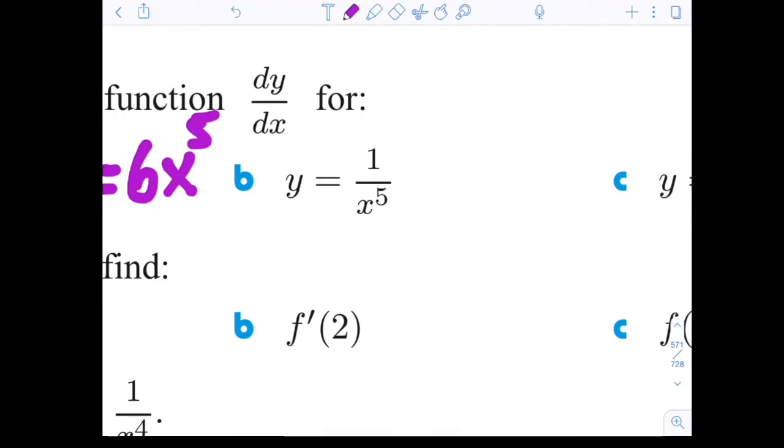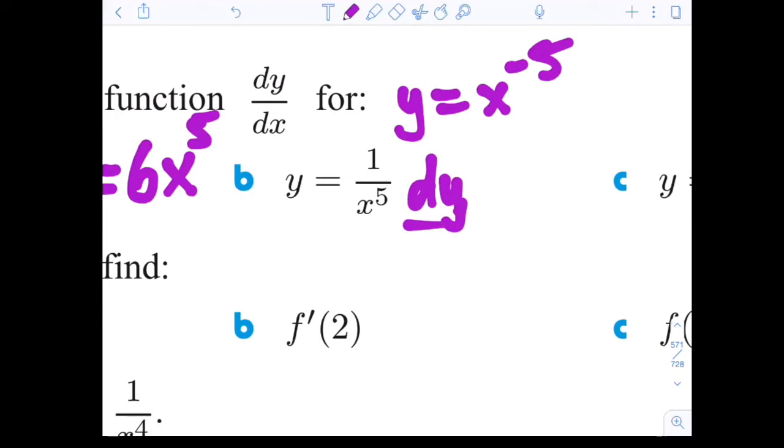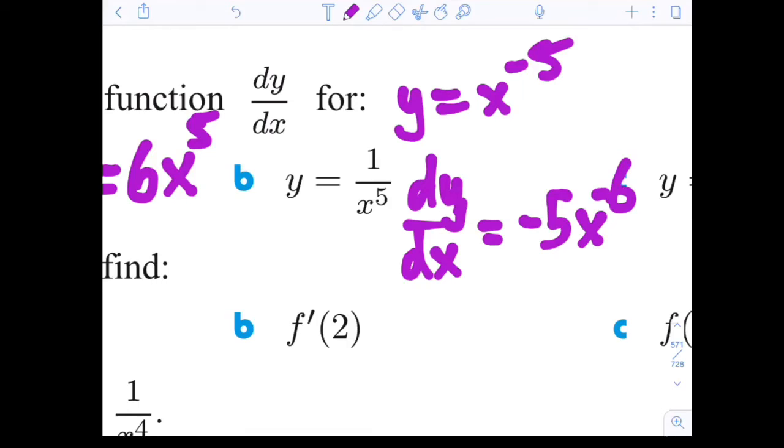Second one that we have over here, same idea. I know that this is equal to y is equal to x to the power of negative 5. So if I'm looking for the derivative of that, dy over dx, I'll take that negative 5, it'll come out front. X stays the same, and I lose one of my exponents, becomes negative 6.